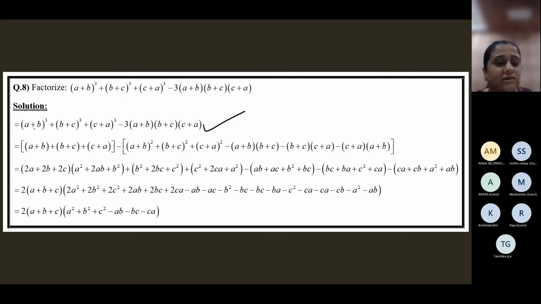Now, this looks like x cubed plus y cubed plus z cubed minus 3xyz. Yes or no? Just see, I'll give you some time. Look at it. It looks like x cube plus y cube plus z cube minus 3xyz.